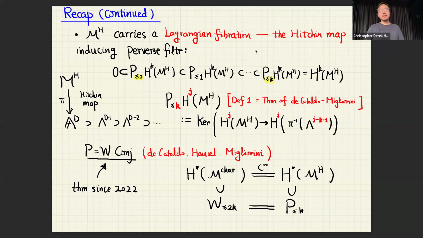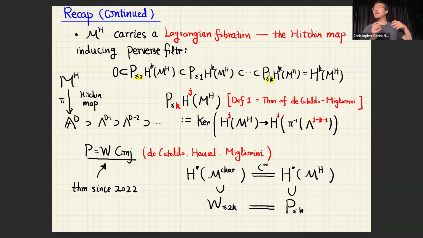But let's now move to the Higgs bundle side. We mentioned yesterday that this admits a Lagrangian fibration, the famous Hitchin fibration, or Hitchin map. Using that, we can filter the cohomology by the so-called perverse filtration. I emphasize the indices here: by definition, the range of the perverse filtration goes from 0 to K for HK.